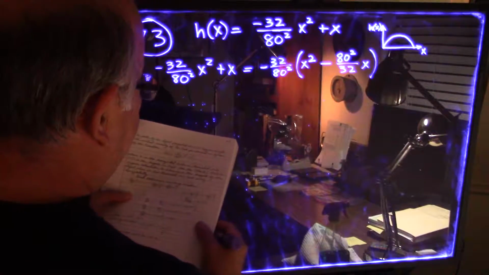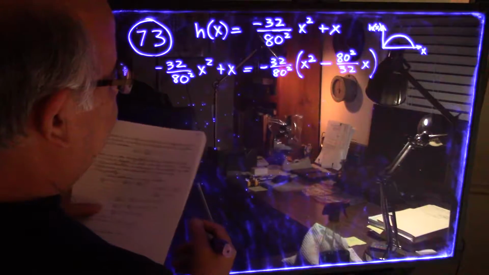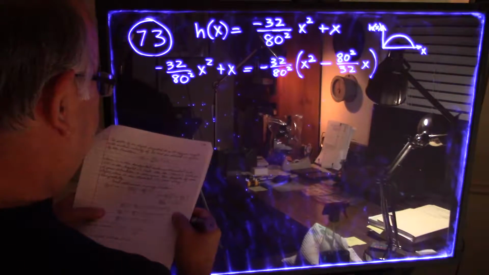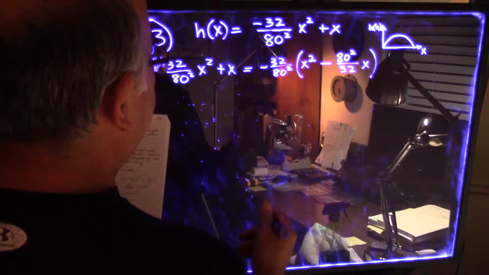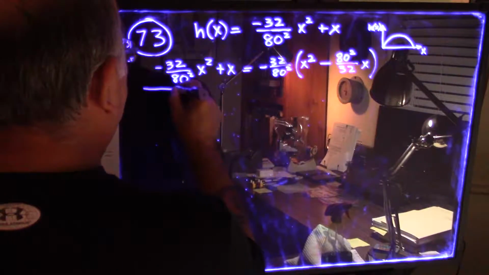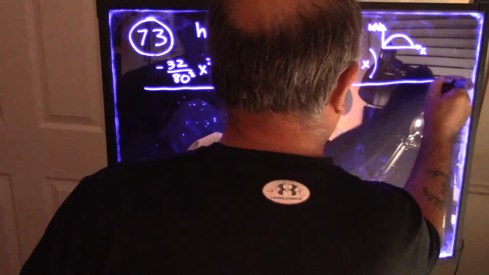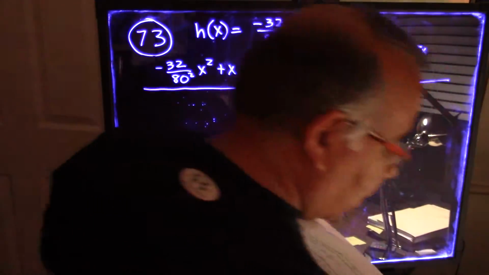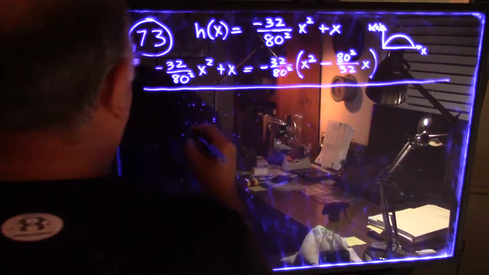Now we're going to take half the coefficient of x and square it, and then add and subtract that number inside the parentheses. Let me do that by separating all of this with a line, because I need the space for showing my work.